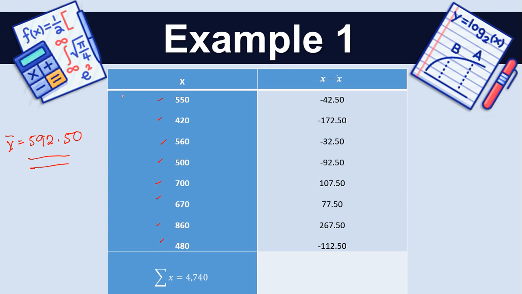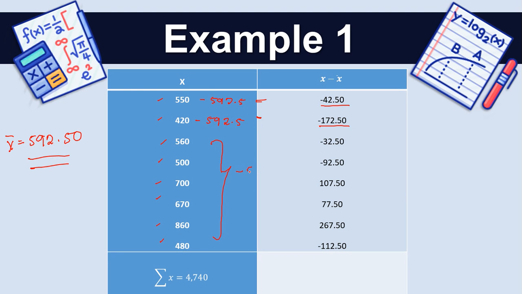For example, 550 minus 592.5, meron tayong negative 42.50. 420 minus 592.5, the answer will be negative 172.50.